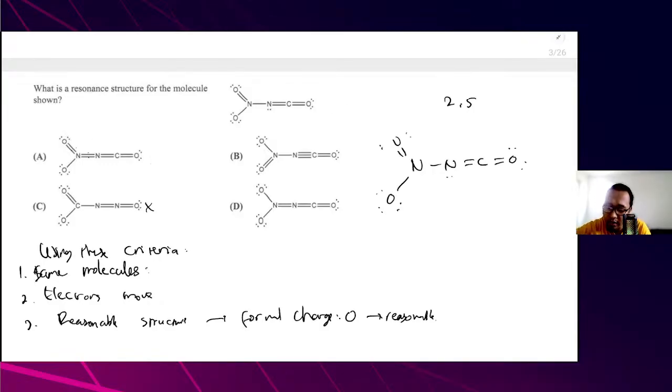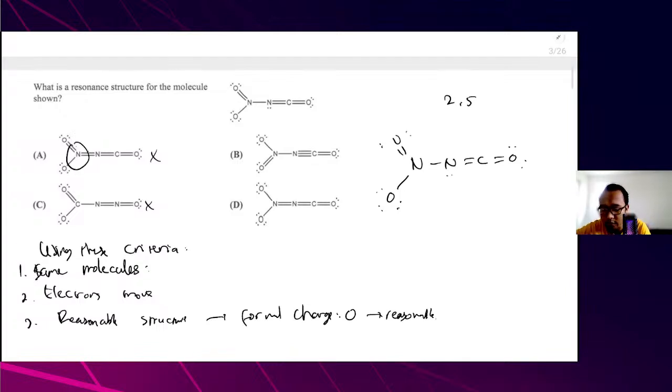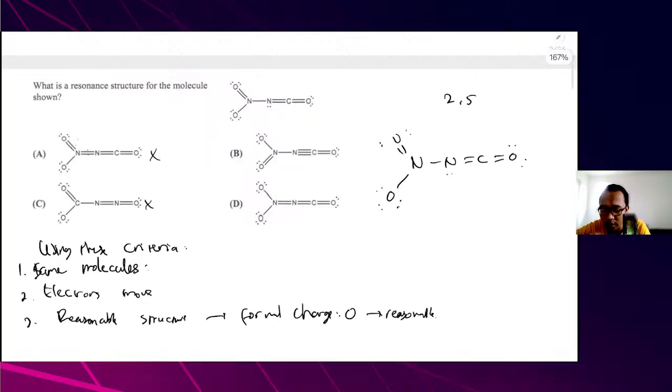So we can eliminate this one because in this part it has 5 bonds. It doesn't make any sense for option A, 5 bonds.